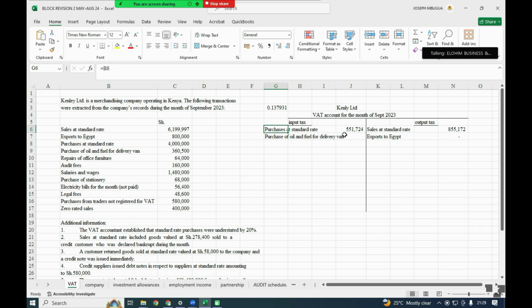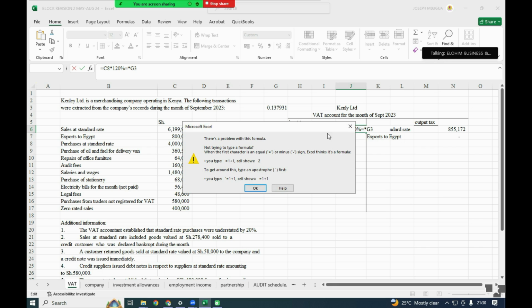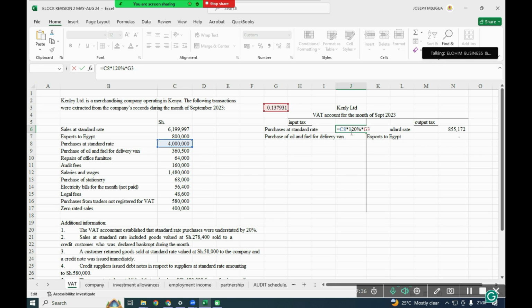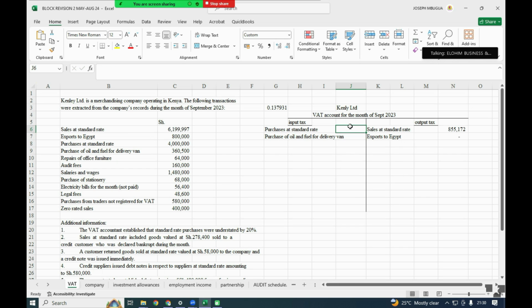They were understated, meaning that we shall take what we had as our purchases of 4 million. Let me restart the whole amount, because this one will be wrong. If it was undercast, it means that this 4 million is 80%.